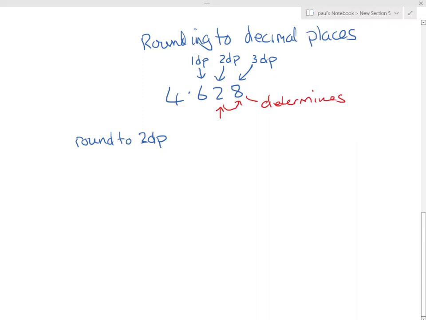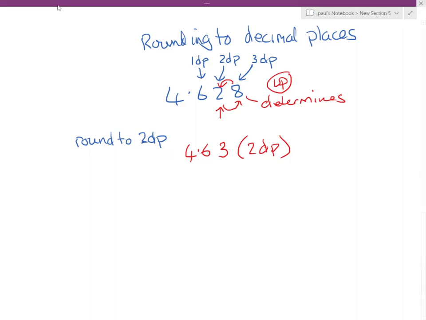Now, because this is 5 or more, we will go up. And what we do is we add 1 onto the 2 to make it a 3. So that rounded to 2 decimal places is 4.63. And write that afterwards so that you can tell the person marking your work that you have gone to the trouble of rounding that to 2 decimal places.